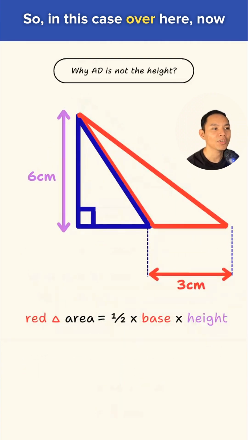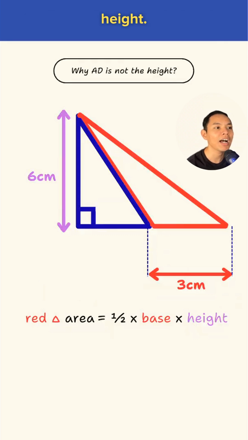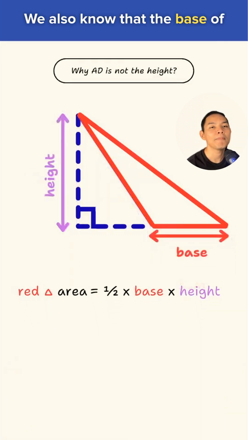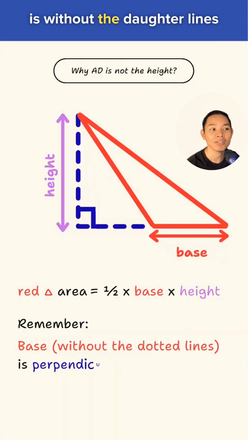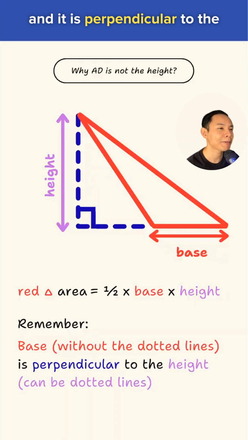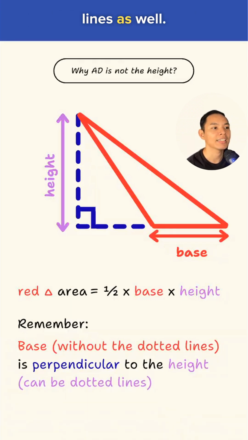So now we know that the red triangle area is half times base times height. We also know that the base of the triangle is, first thing first, without the dotted lines, and it is perpendicular to the height, which is in dotted lines as well. That's something that you need to remember.